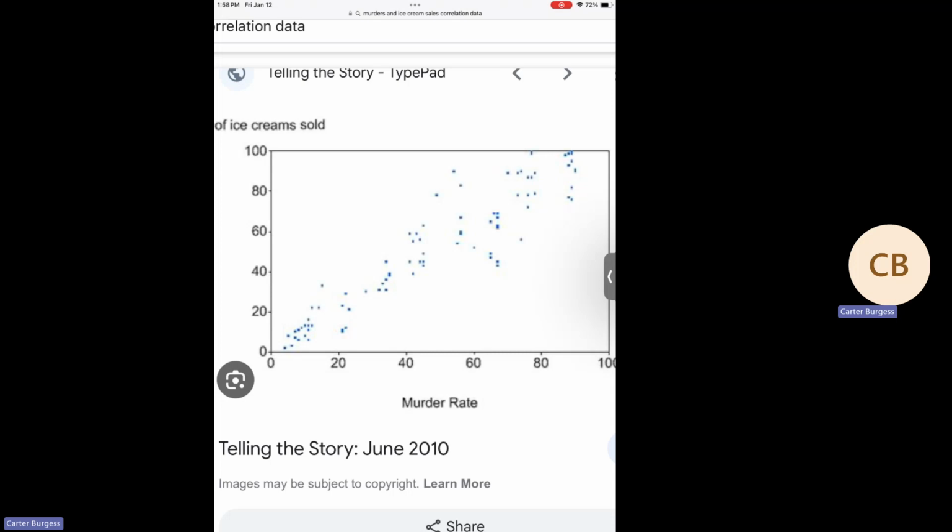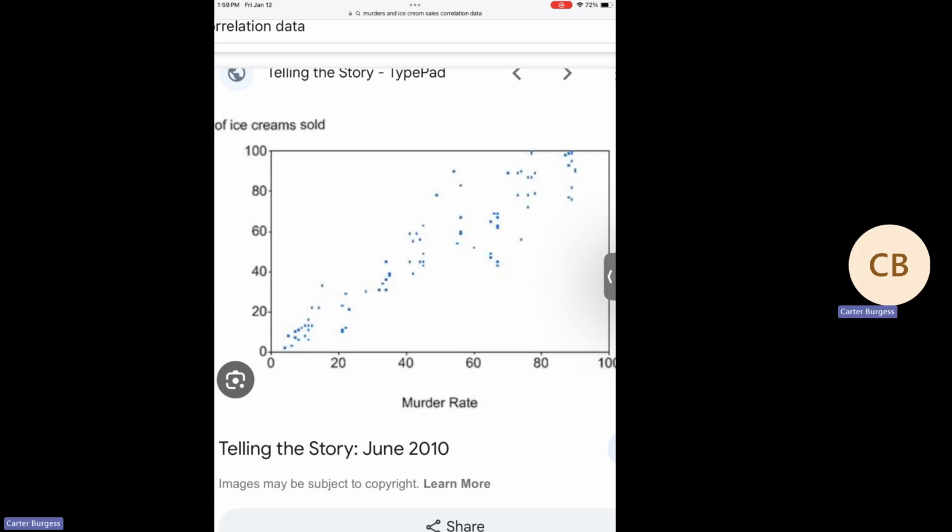And what we notice, and certainly with this much data, if we were to run that PPMC, we would see that there is a very, very strong statistically significant correlation between the number of ice cream sales and the number of murders. Okay, so what's going on here?